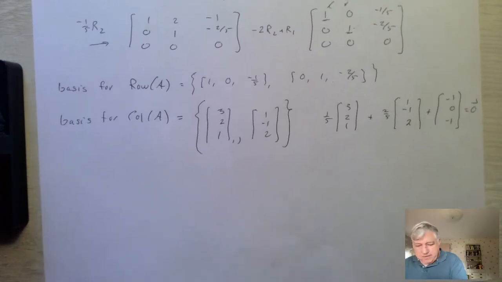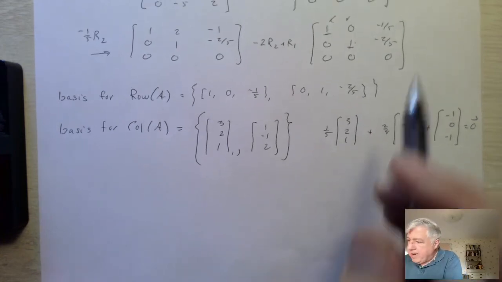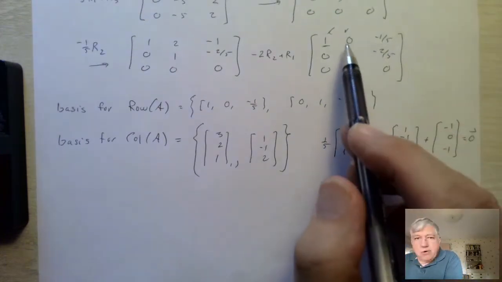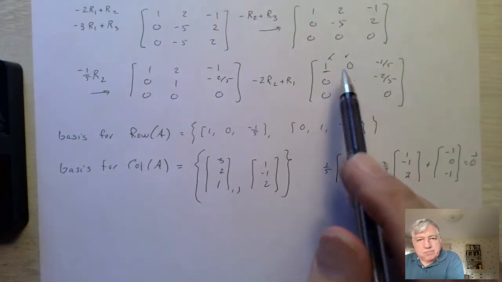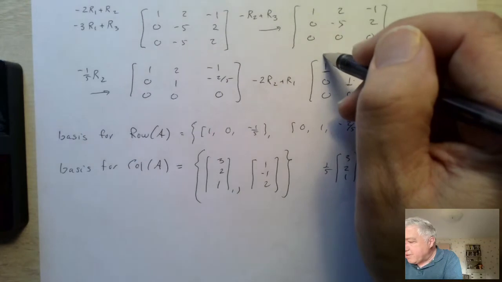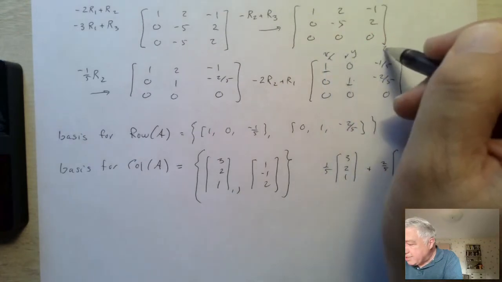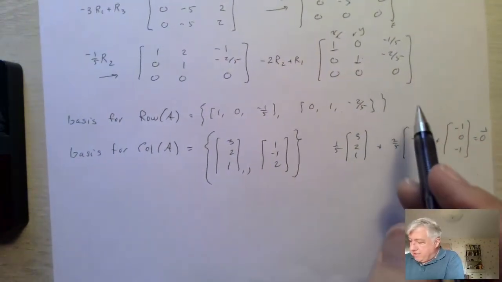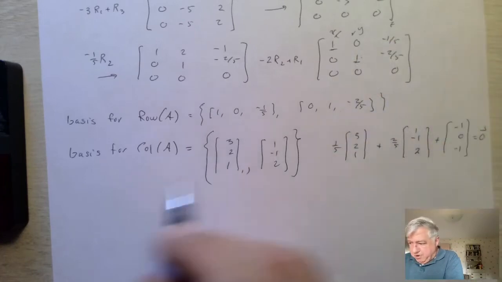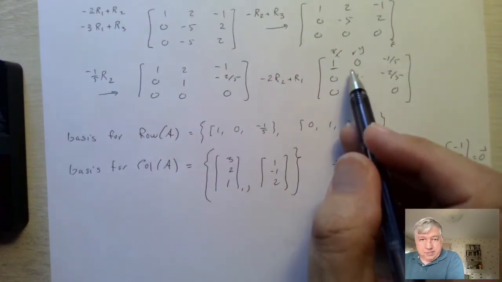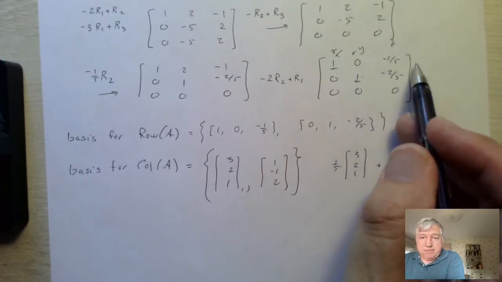First, finally, let's find the basis of the null space. To do that, we just take this reduced row echelon form and write the corresponding equations. If we let the variables be x, y, and z, and set this matrix times (x, y, z) equal to 0, what we get is 1x plus 0y minus 1/5 z equals 0.